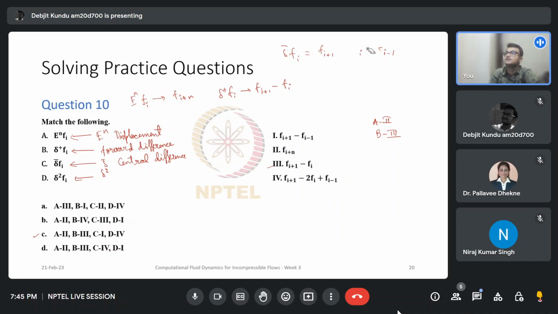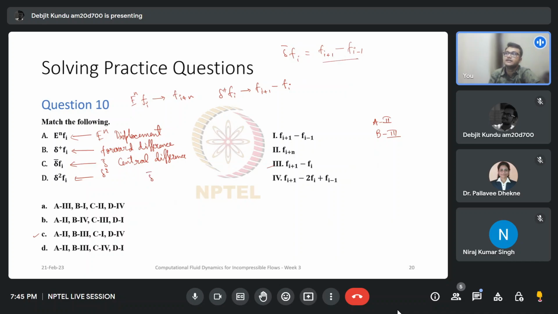Sorry, I made a mistake here. Delta bar is fi plus 1 minus fi minus 1, a first order central difference kind of thing. This delta and delta bar both are central difference operators, but their difference is like this.